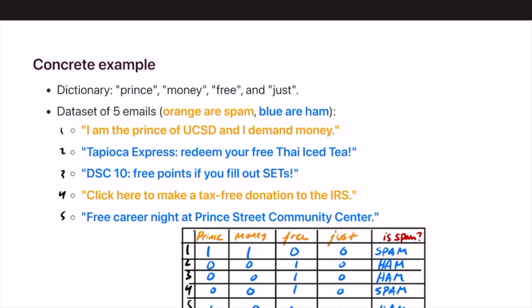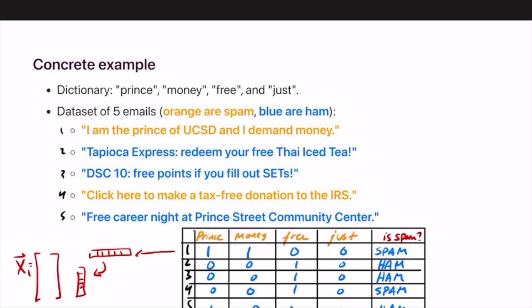Let's see, out of these 5, we had 2 spams and 3 hams. So if we're trying to create our design matrix, we would need these x's. In this case, x of 1 would be something that goes like that and would rotate to something that goes like that now.